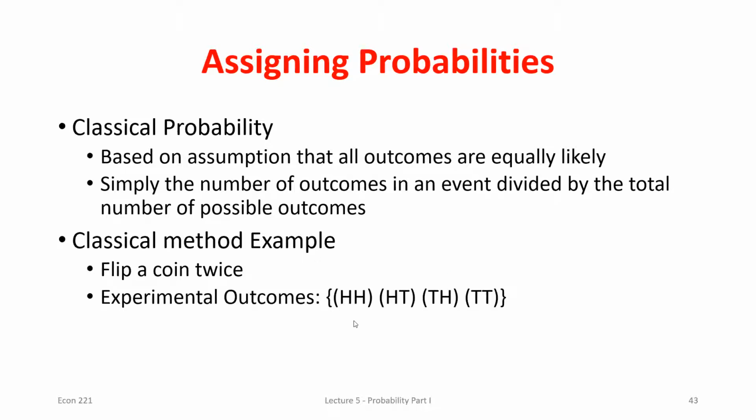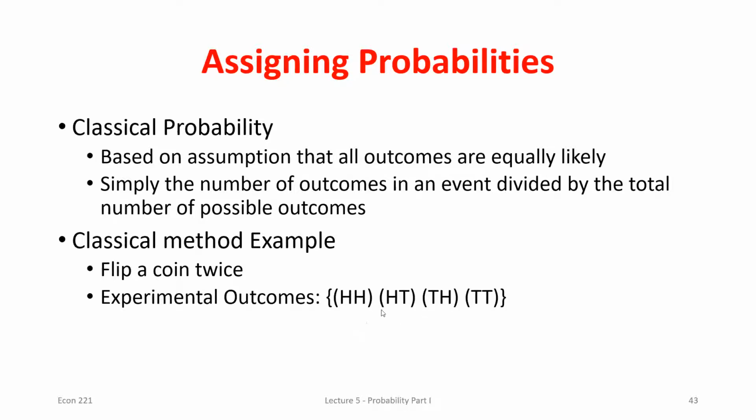Okay. So what if I'm flipping a coin twice and I think about the possible outcomes here? I could get a heads then a heads, heads and a tails, tails and a heads, or 2 tails. So I have 4 different possible outcomes I could see, in terms of the ordering.